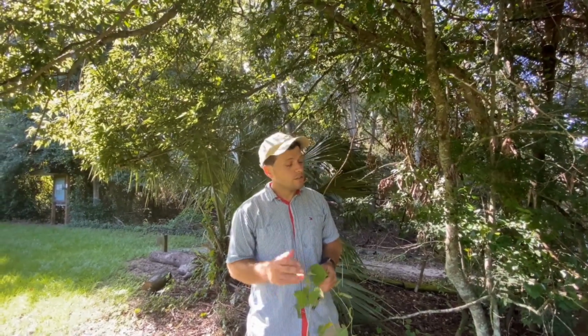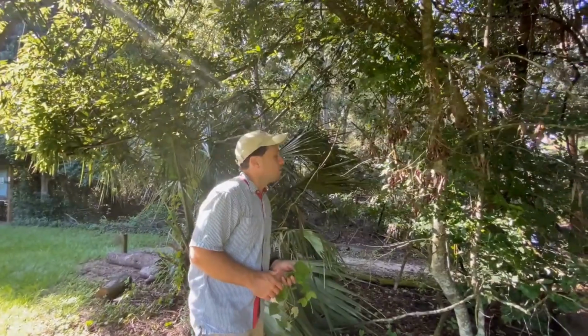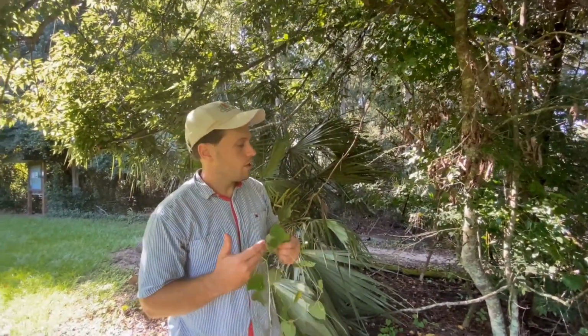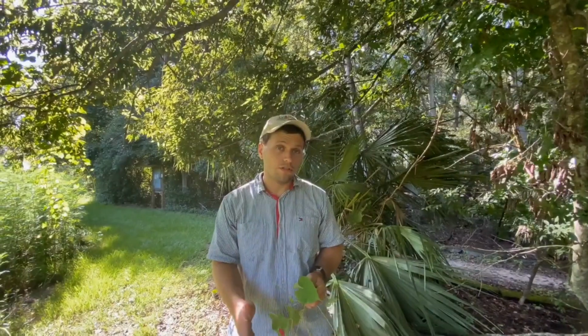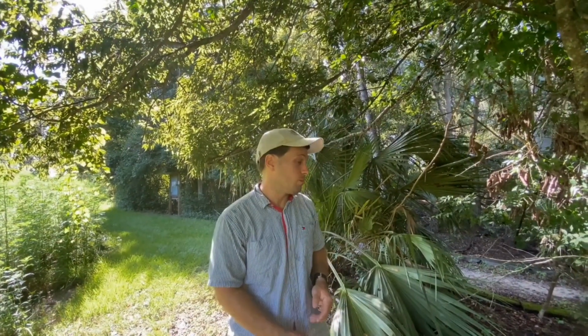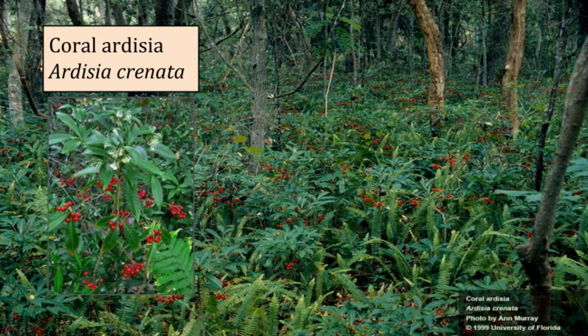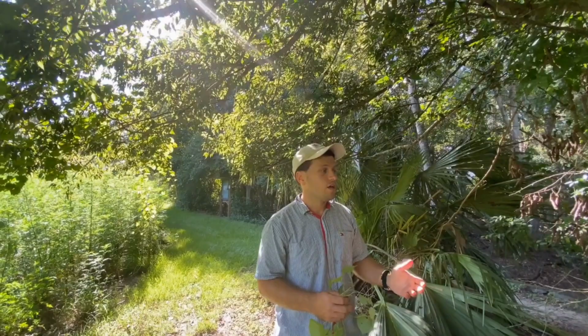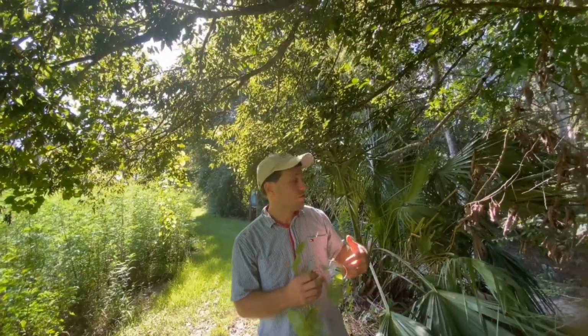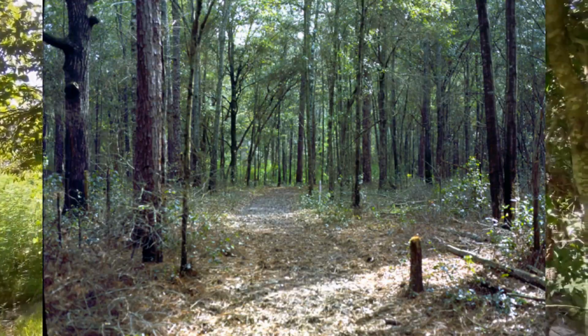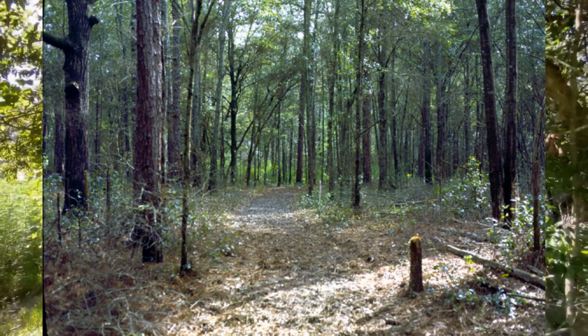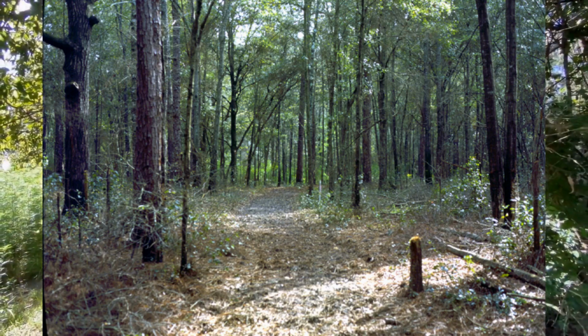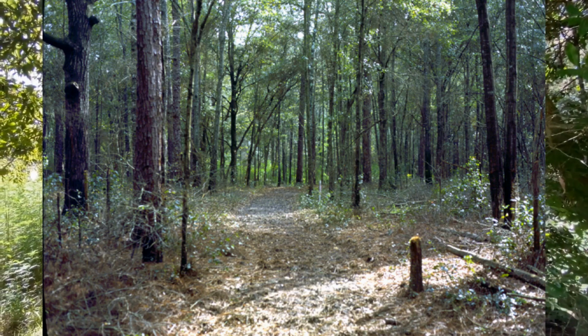And something else I want to kind of quickly highlight while we're here is that air potato and several other invasive species like coral Ardisia, that's another big one that we have really been able to tackle here at the Natural Areas Teaching Laboratory with herbicides. But something to take note of is that sometimes when areas are not managed, when we have natural areas that may look something like this area where there has not been this natural presence of fire, we don't manage the area in terms of removing some of these invasive species.